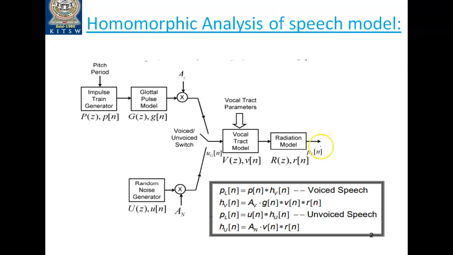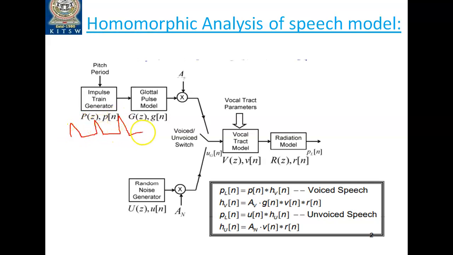Now, when it comes to the homomorphic analysis of a speech model, this is a complete model of speech analysis, and this kind of block schematic we already know. In this block diagram, from the impulse train generator we are able to see sequences of impulses like this.